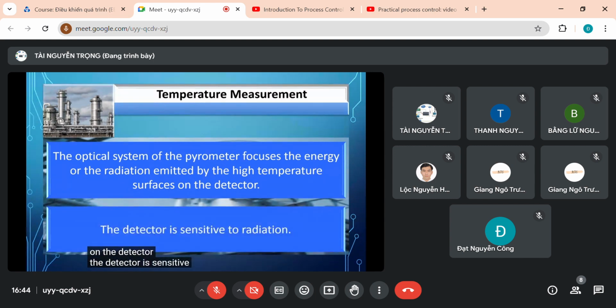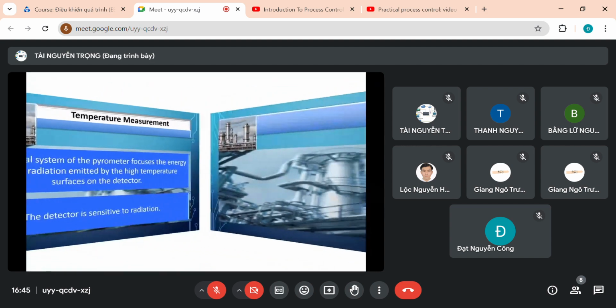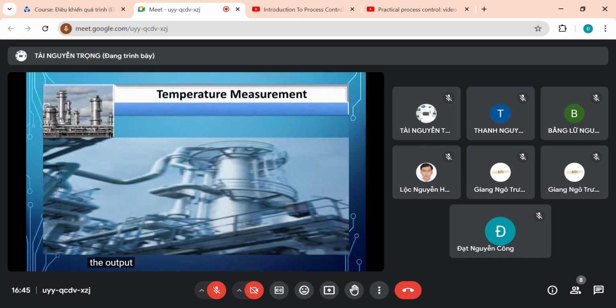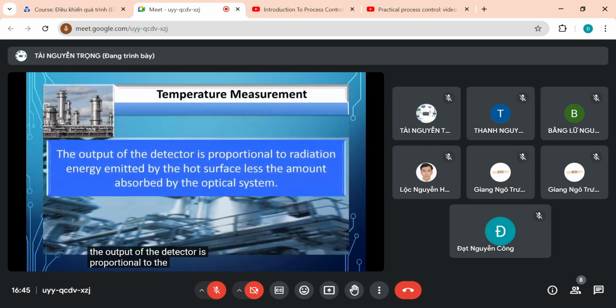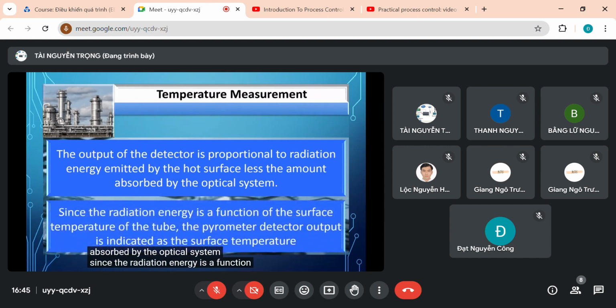The detector is sensitive to radiation. The output of the detector is proportional to the radiation energy emitted by the hot surface less the amount absorbed by the optical system. Since the radiation energy is a function of the surface temperature of the tube, the pyrometer detector output is indicated as surface temperature.